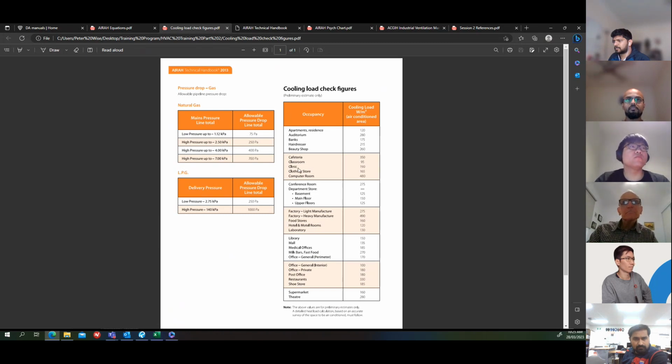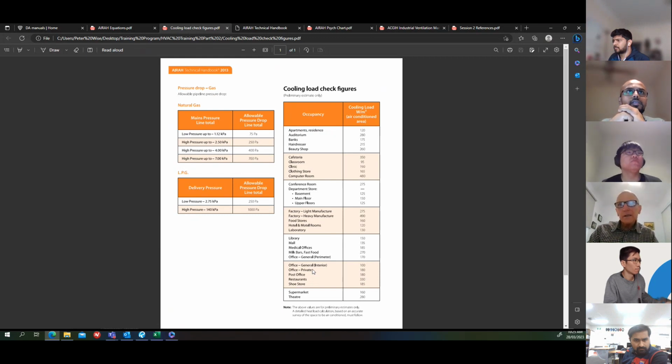Clothing stores and department stores, etc. So those sort of things are very handy. There's an office, general perimeter, 170 watts a square metre. General interior, 100 watts a square metre. A private office, 180, which would normally be on the perimeter of a building. So that makes some allowance for the external load from the sun and heat transfer through the building.